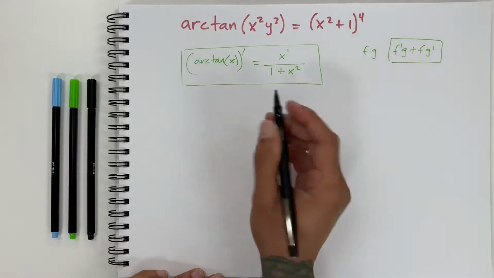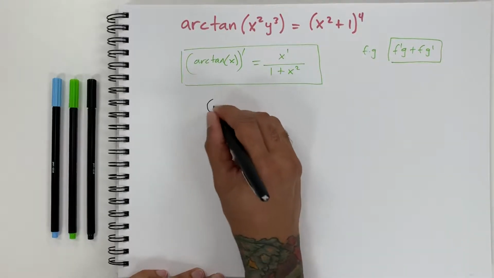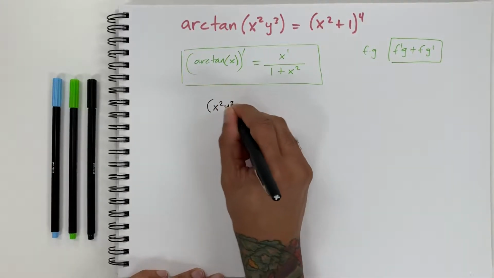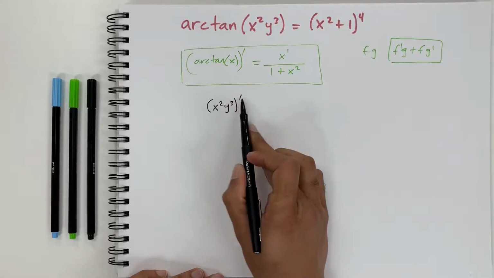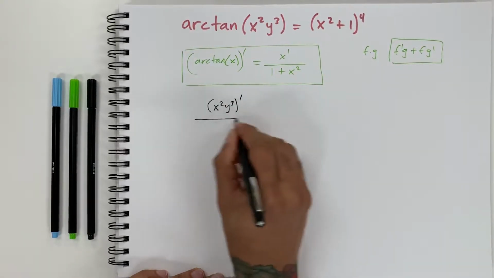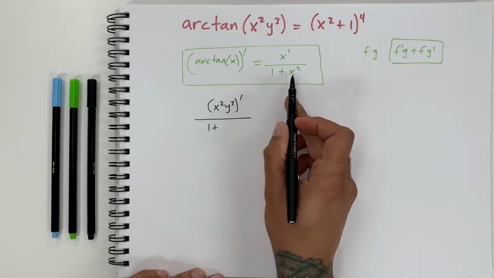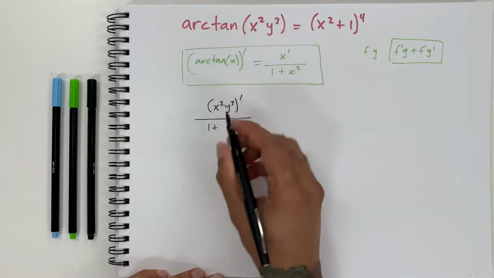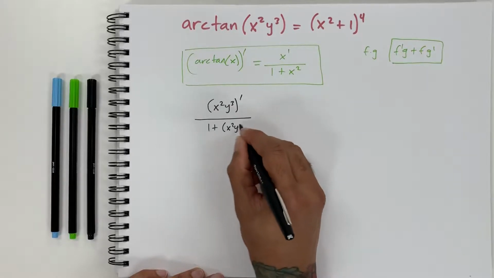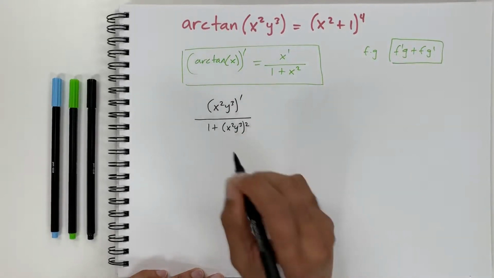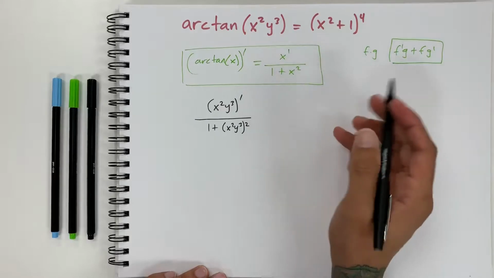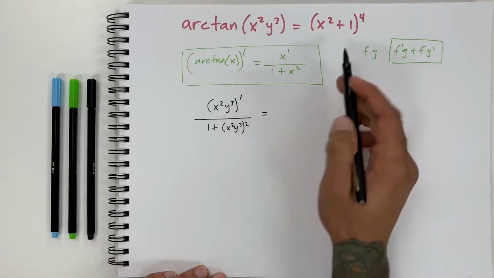Okay, so just for notation, I'm going to write x squared y to the third, and just show that we need to take the derivative of that. Okay, over 1 plus x, which is inside here, which is all of this. So we got x squared y to the third squared. Okay, and then all that is going to equal this side.